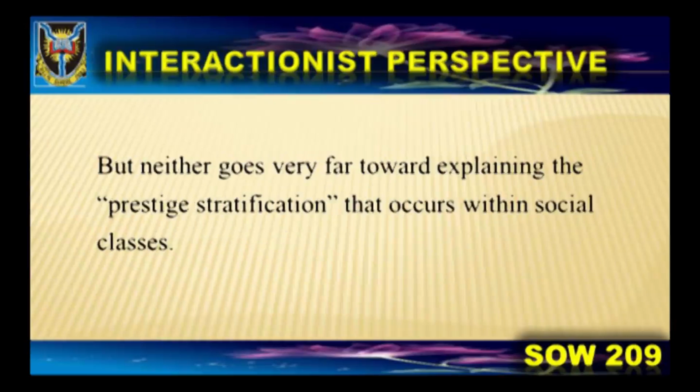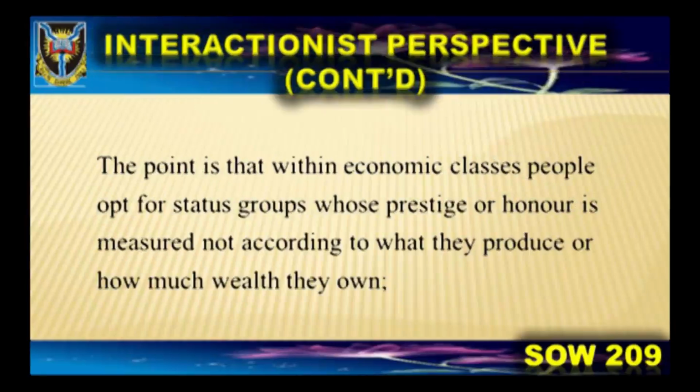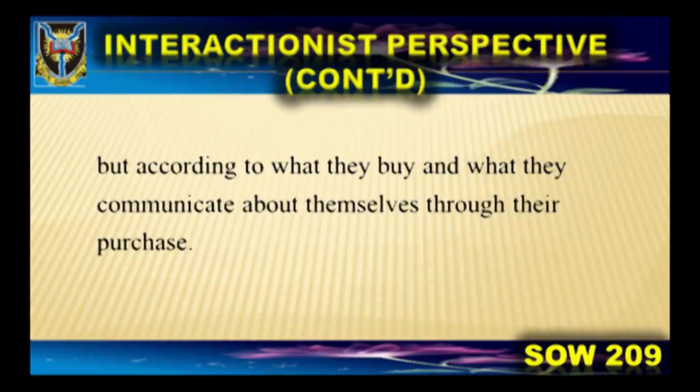But neither goes very far towards explaining the prestige stratification that occurs within social classes. The point is that within economic classes, people opt for status groups whose prestige or honor is measured not according to what they produce or how much wealth they own, but according to what they buy and what they communicate about themselves through their purchases.